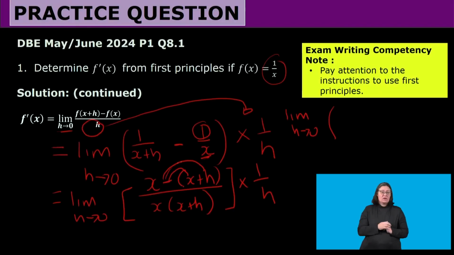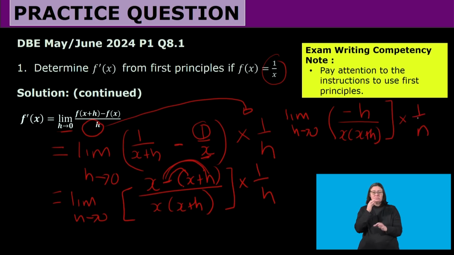I multiply the negative in, negative 1 times h, so I end up with negative h all over my denominator, which is x times x plus h. And remember, this whole thing is times by 1 over h. We can now simplify. I've got an h in the denominator and an h in the numerator, so they cancel out.